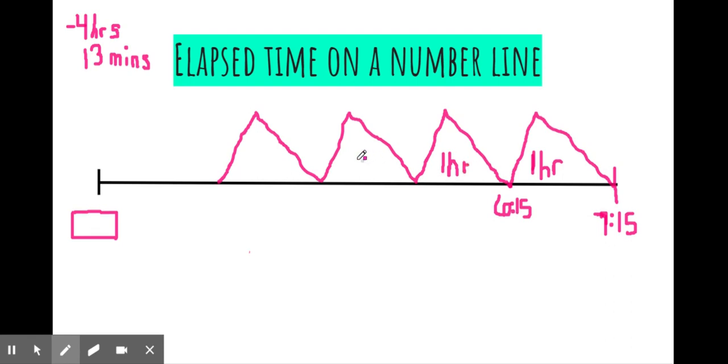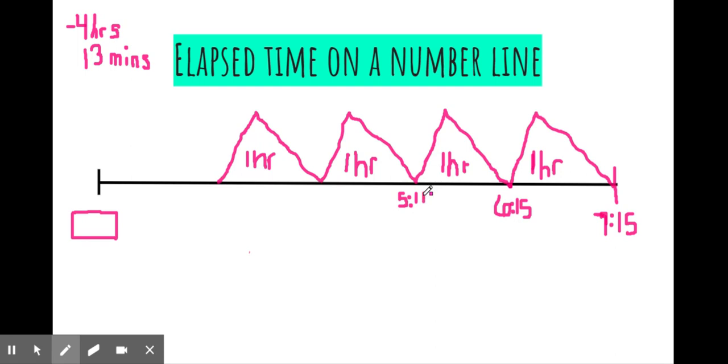All right, and we're just going to put how much time we subtracted inside of the mountain. All right, we have 1 hour, 2, 3, and 4. If we take an hour from 6:15, what time will we be at? Yes, 5:15.